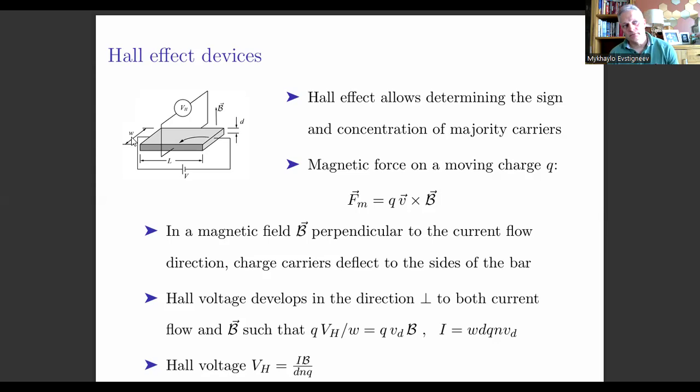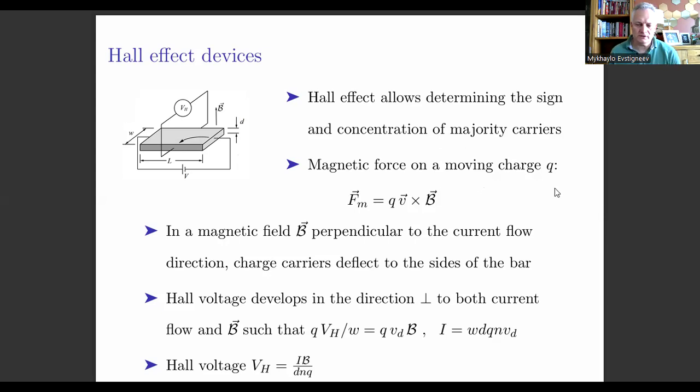When a charge is moving with some velocity, with the drift velocity, in the presence of the magnetic field, it feels the Lorentz force or the magnetic force, which is given by this expression here, the product of charge times the cross product of the charge velocity vector and the magnetic field. Now, if the electrons are moving to the left in this diagram, the magnetic field points up.